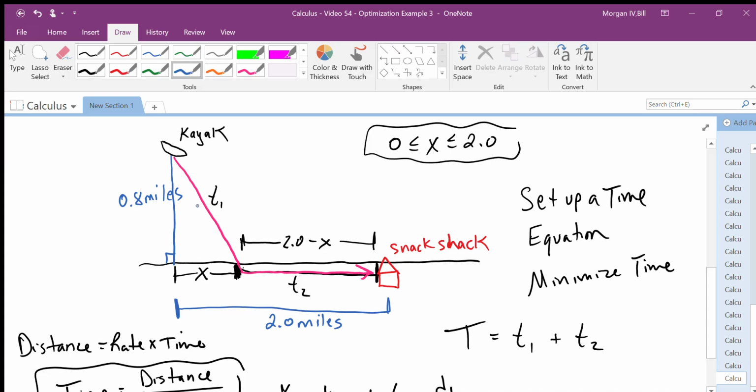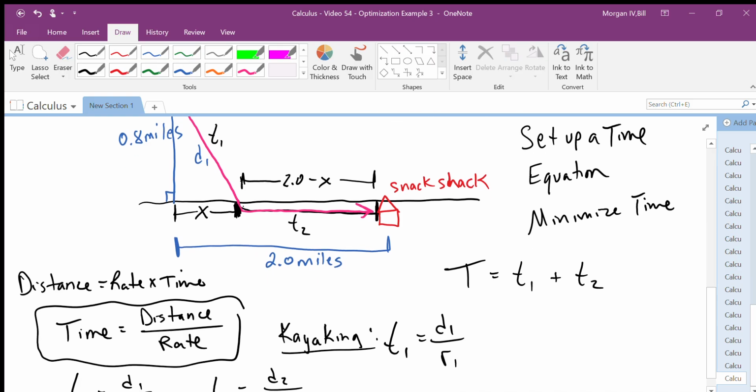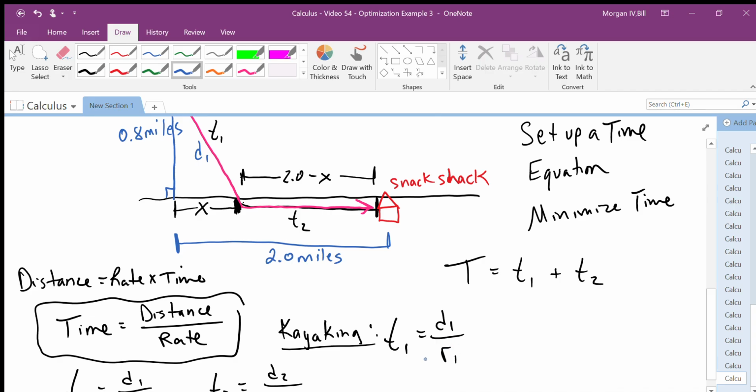Let's call this D1. So we need to know what that distance is, and we'll take that distance and divide it by rate 1. Well, I know rate 1 because I know that we can kayak at 2.5 miles per hour. So 2.5 is the kayaking rate. We just need that distance, D1.